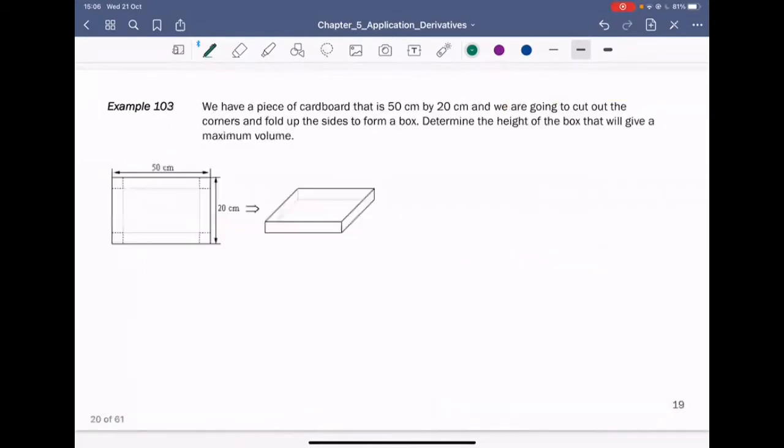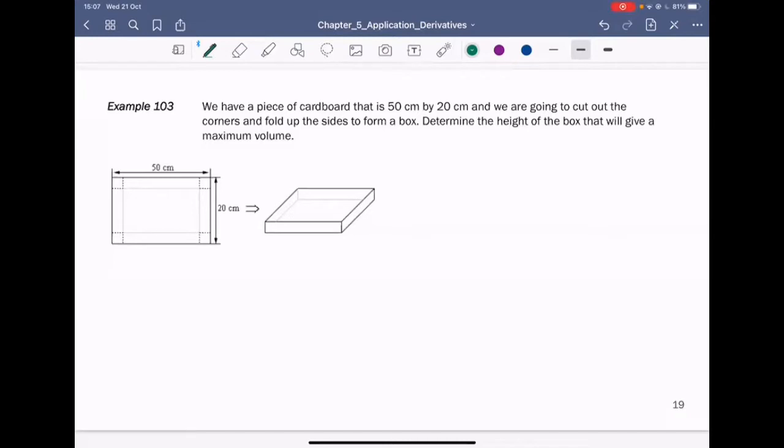Example 103: let's suppose that we have a piece of cardboard that is 50 centimeters by 20 centimeters. We are going to cut the corners and fold up the sides to form a box. We want to find the height of the box that will give us a maximum volume.